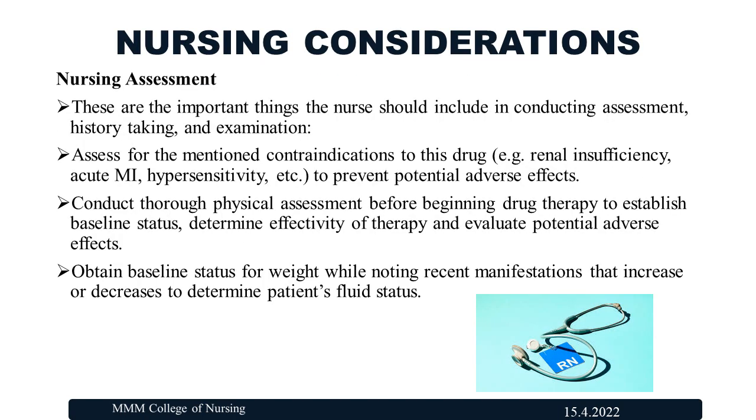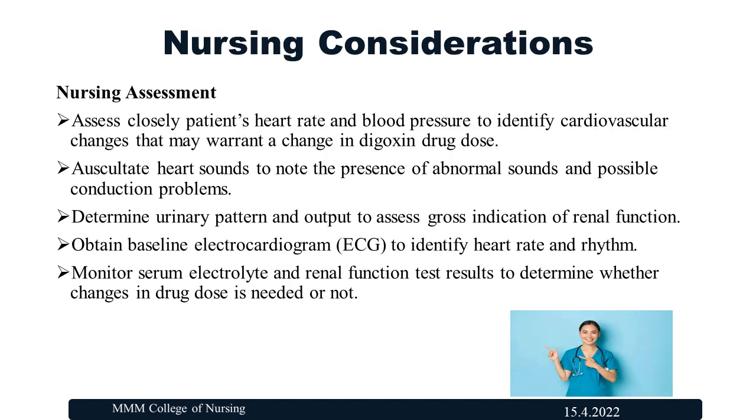What are the nursing considerations as nursing assessment? These are the important things the nurse should be aware of: the history collection and physical examination. The nurse should assess for the contraindications, renal insufficiency, MI and hypersensitivity reactions, and before administering the drug therapy should note down the therapeutic and side effects of the drug, and should assess the weight and fluid status of the patient, and also closely assess the patient's heart rate and BP before administering the digoxin.